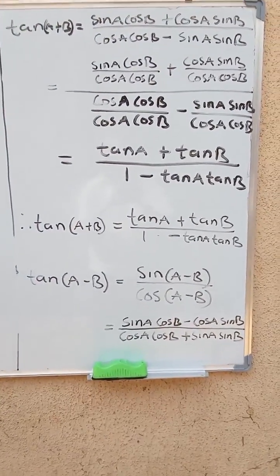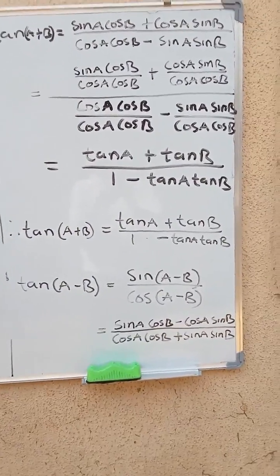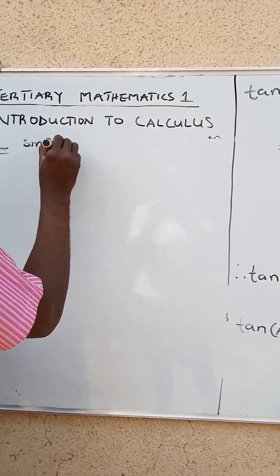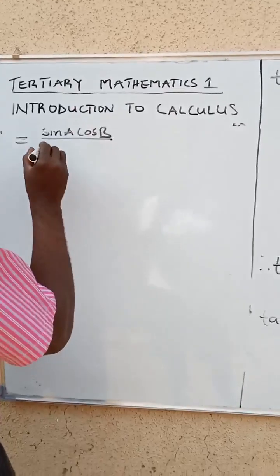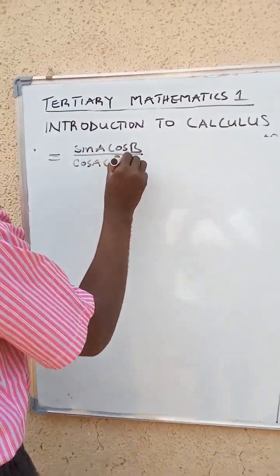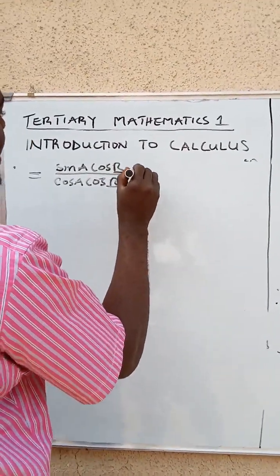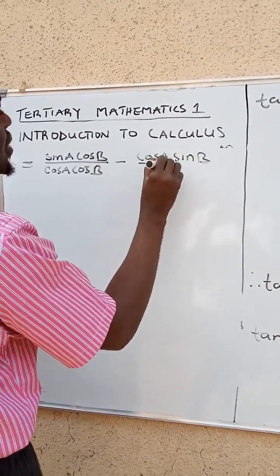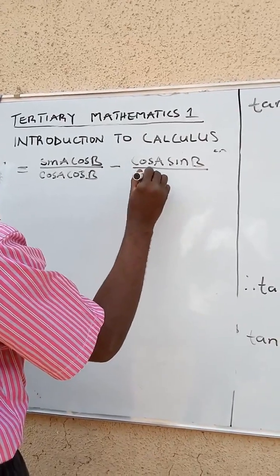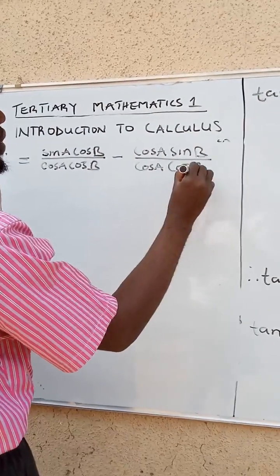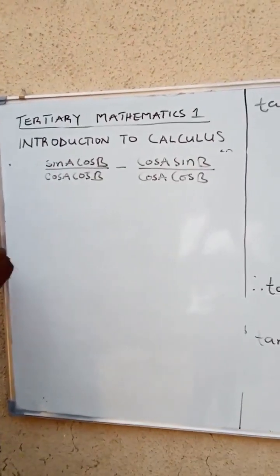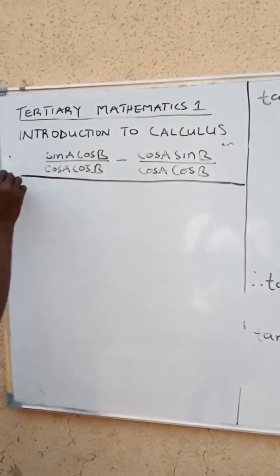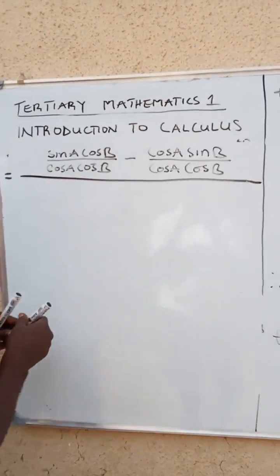So what I have, I've divided everywhere the same way, which is equal to sin A cos B over cos A cos B, minus cos A sin B over cos A cos B. Now the whole of this thing is over, this is a long division, over cos A cos B.